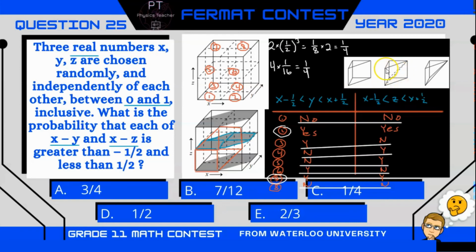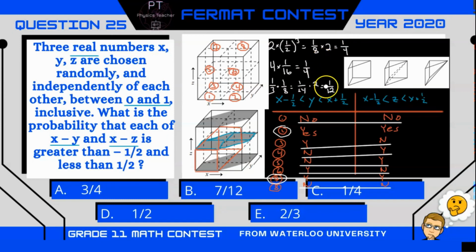The pyramid still has length and width of 1/2, so its volume would be equal to 1/3 the volume of that original cube, which was 1/8, which gives us 1/24. Now we have 2 of these, so let's multiply that by 2, which gives us 2/24, which is the same as 1/12.